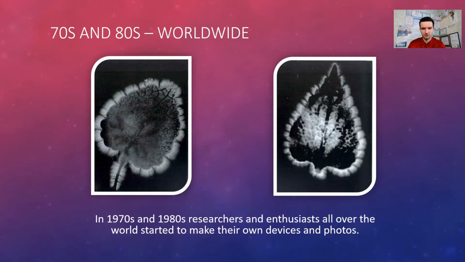So there were lots of researchers and enthusiasts who were making their own Kirlian devices at home or in their garage, and making those interesting, beautiful photos of the glow around different objects, like you see on the screen, leaves and hands, etc.